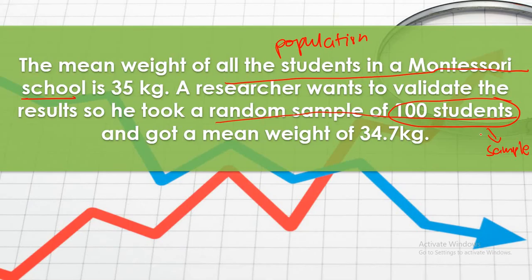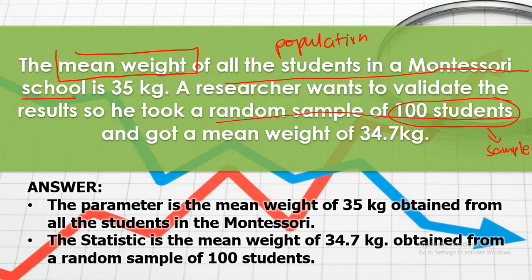What are we describing in this population and sample? We are talking about the mean weight. So the parameter pertains to the mean weight, and it's very much clear what the mean weight is because it's stated in the first sentence. So we can say that the parameter is the mean weight of 35 kilograms obtained from all the students in the Montessori school.